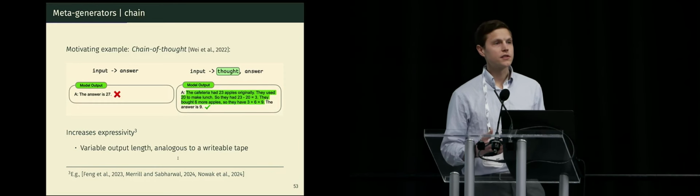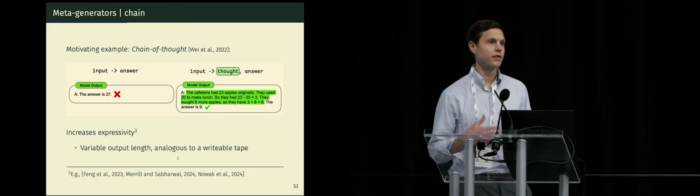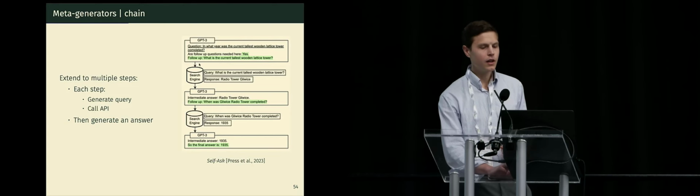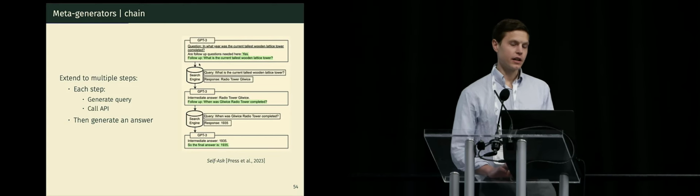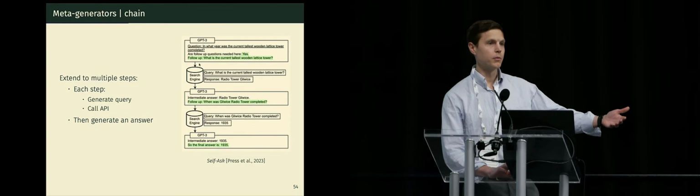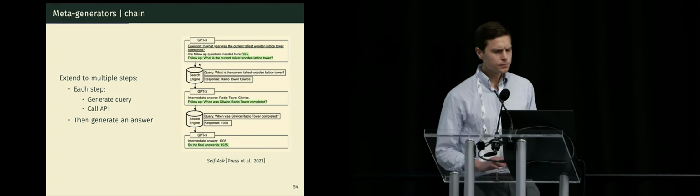And you can think of this as being similar to a tape in a Turing machine or a form of memory that the model now has access to. You could also think of this, again, as this 2-part decomposition, and then think about what if you had more steps, or if you incorporated some external tool.